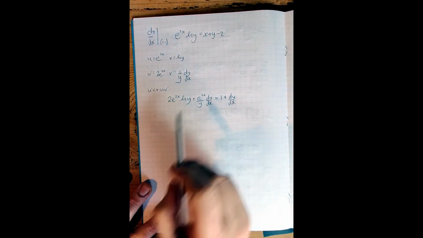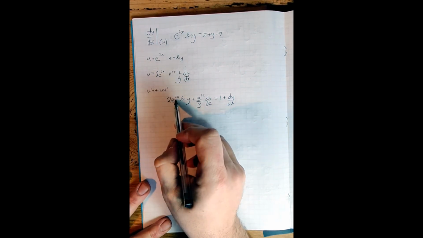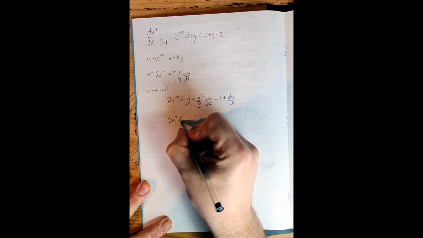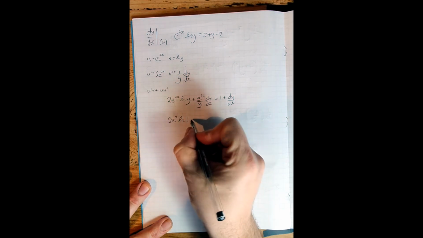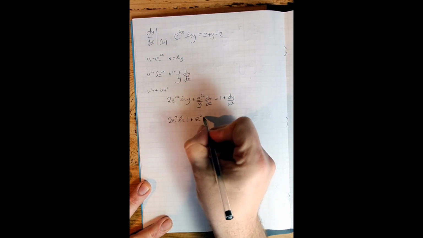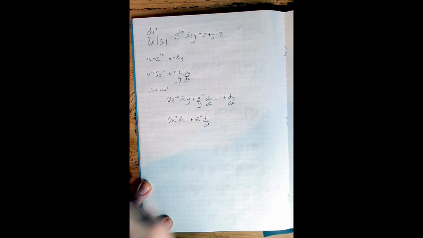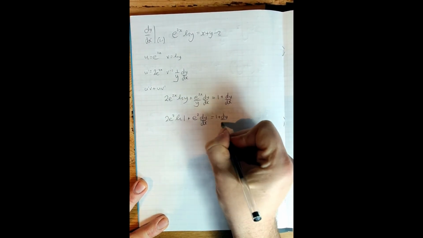Again, I'm going to sub in first before I rearrange anything. 2e to the 2 ln 1, log 1 I know is 0, plus e to the 2 over 1 dy dx equals 1 plus dy dx.